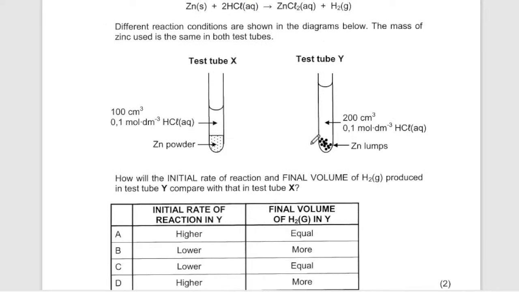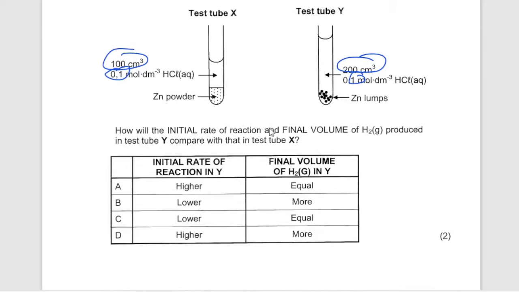But now what is happening here? If you look here, it is the same concentration. What is different here is the volume. So what are they saying? How will the initial rate and final volume of hydrogen produced in test tube Y compare with that of X?